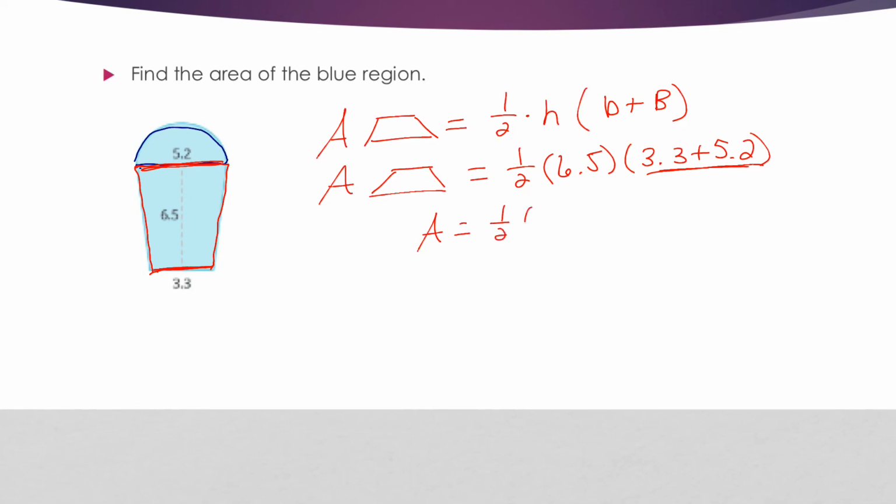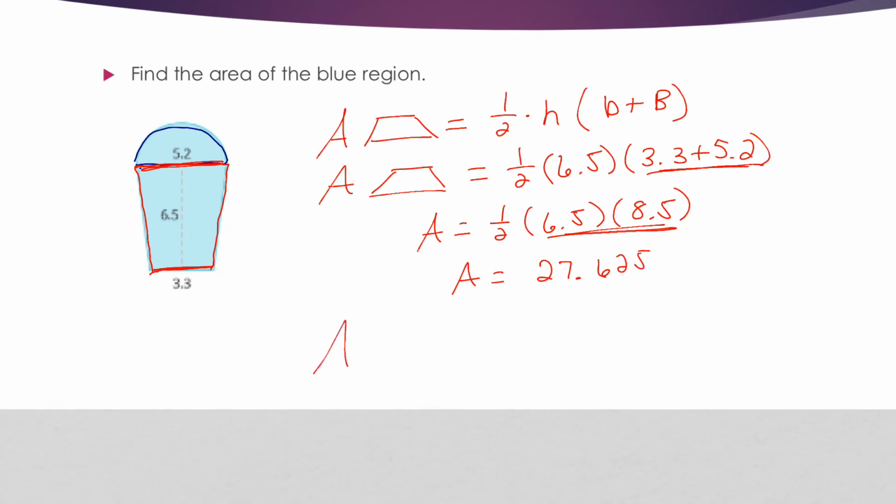So 1/2 times 6.5 times 8.5. Now I'm going to multiply these together just for the sake of ease and then divide by 2. That's what multiplying by 1/2 is. And I get that the area of the trapezoid piece is 27.625.